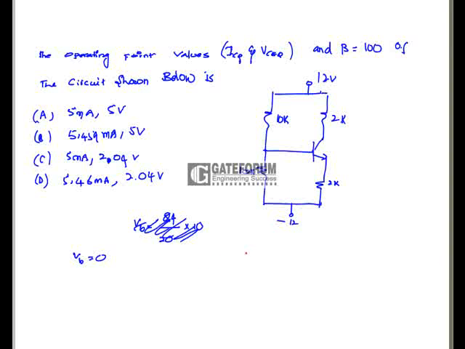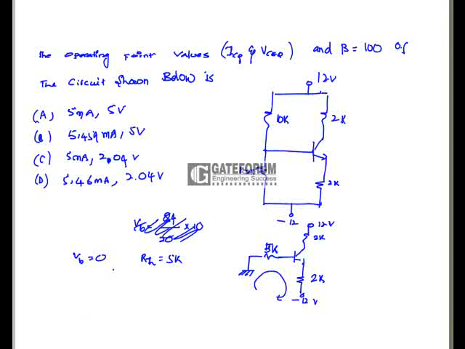So, and Thevenin's resistance is going to be 5k. So if we model this circuit as, this is 5k, minus 12 volts, 2k plus 12 volts.